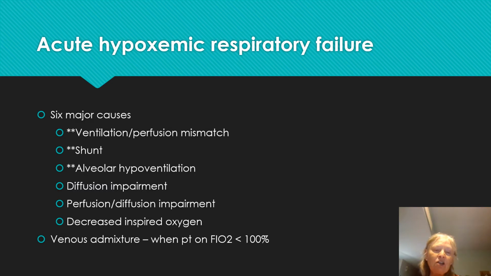Alveolar hypoventilation is one of those ones that sometimes crosses both lines between hypoxemic and ventilatory or hypercapnic, because you have two things going on. If you remember the definition of hypoventilation, that means very slow breathing.